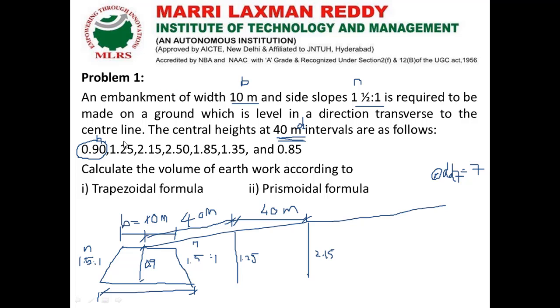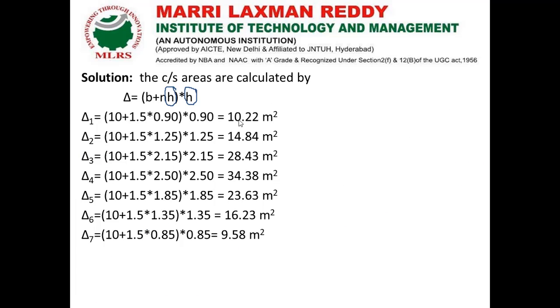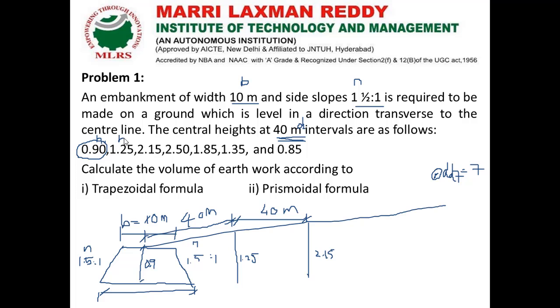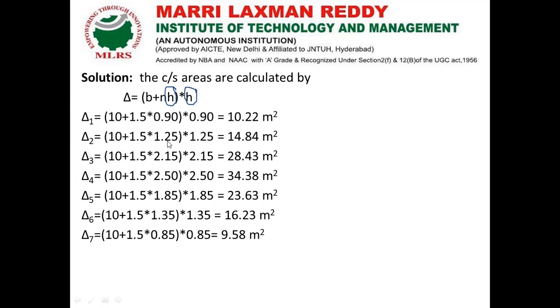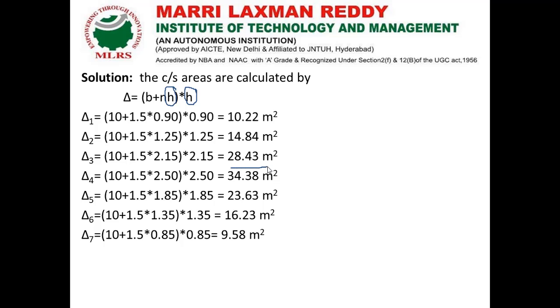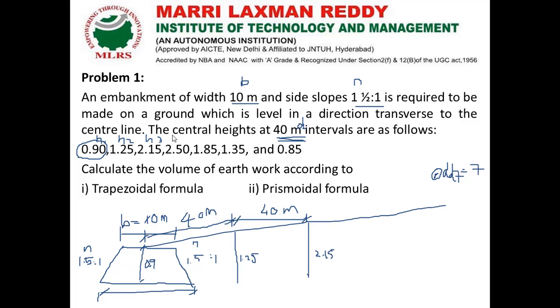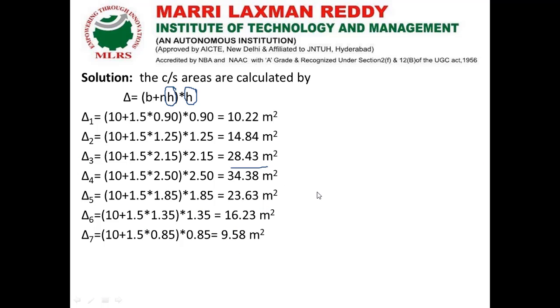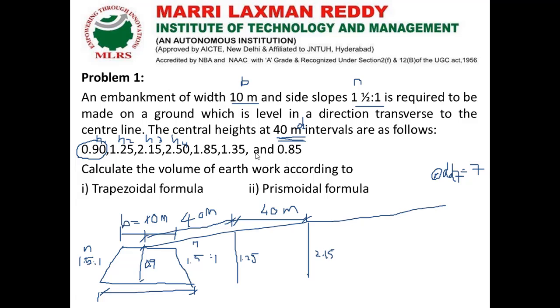So the area is 10.22, and with respect to H2, the area is 14.84. With respect to H3, the area is 28.43. With respect to H4, which is 2.5 meters, the area is 34.38.